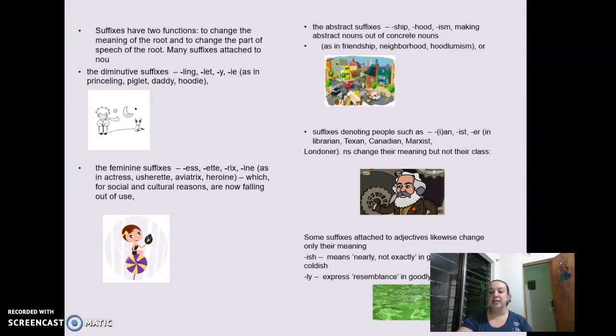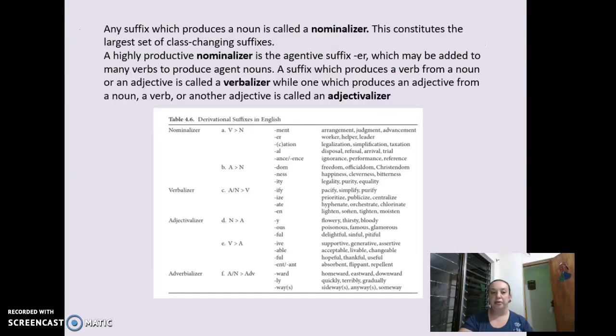And some suffixes attach to adjectives, which only means that they change the meaning of the words. For example, Greenwich and resembles the verb determination.